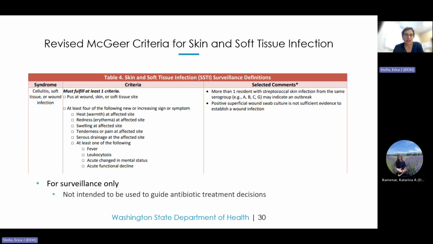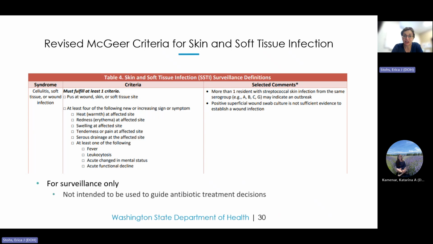And then there are McGeer criteria for skin and soft tissue infection as well. Similarly, you need to have one criterion, either a pus or purulent wound or skin infection, or in this case, you need to have four of the following criteria. Again, the heat or warmth, erythema, edema, tenderness.